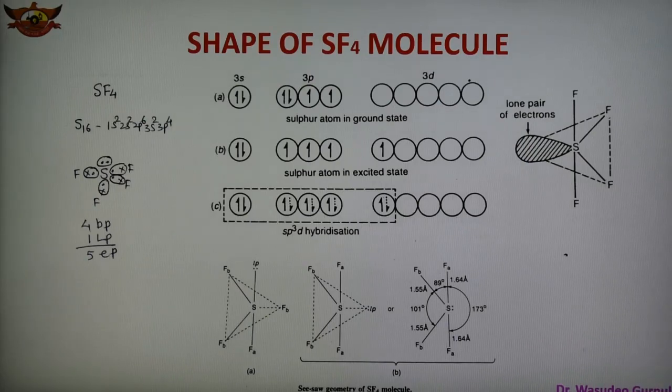So in the case of the SF4 molecule, we can say that there are 2 ways of writing the structure of SF4, that is the lone pair may occupy either the equatorial position or the axial position.